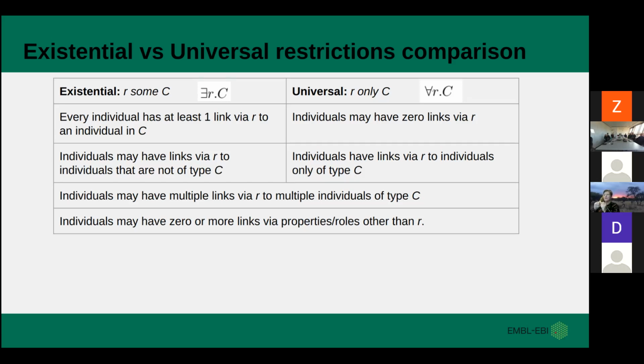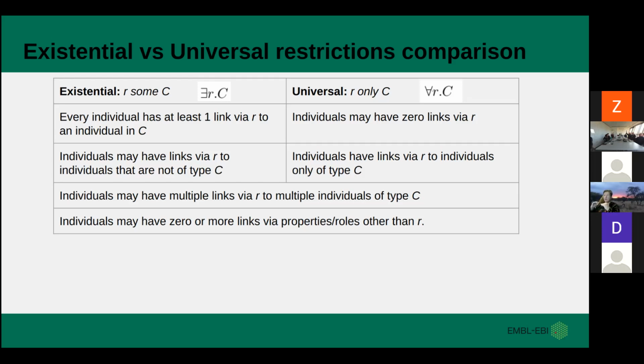If I have an individual that has an R link to C, but that individual also has an R link to, let's say, E, that individual will still be part of the set. Whereas if you have a universal restriction, if that individual has a link to something else that's not of type C, it will not be part of the set.